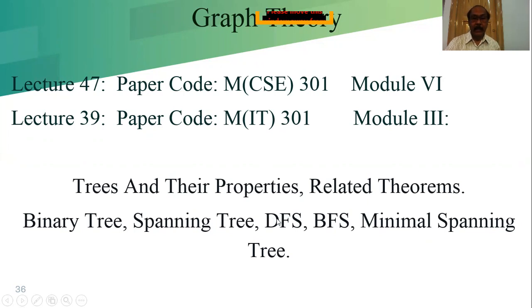DFS means depth first search, and BFS breadth first search. We will learn the minimal spanning tree. We have to find the minimal spanning tree, and there are two methods for finding it: one is Prim's algorithm and another is Kruskal's algorithm, which we will learn in the next class.